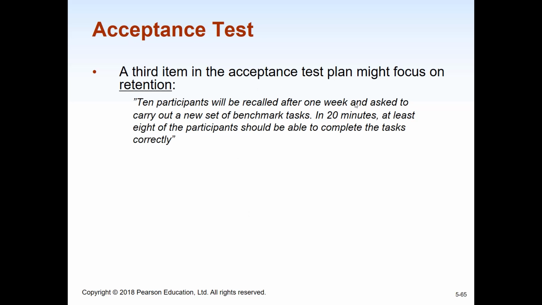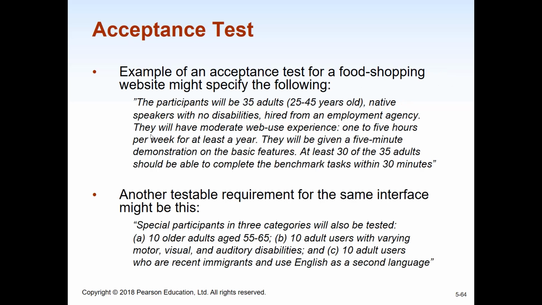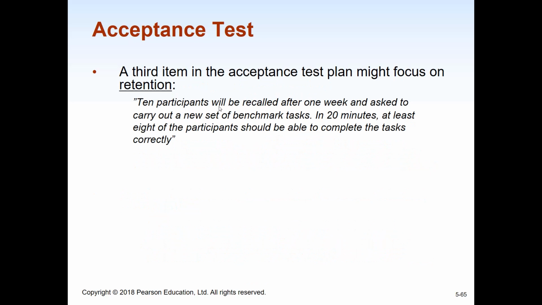A third item in the acceptance test plan might focus on retention. 10 participants will be recalled after 1 week and asked to carry out a new set of benchmark tasks. In 20 minutes, at least 8 of the participants should be able to complete the tasks correctly, and so on.